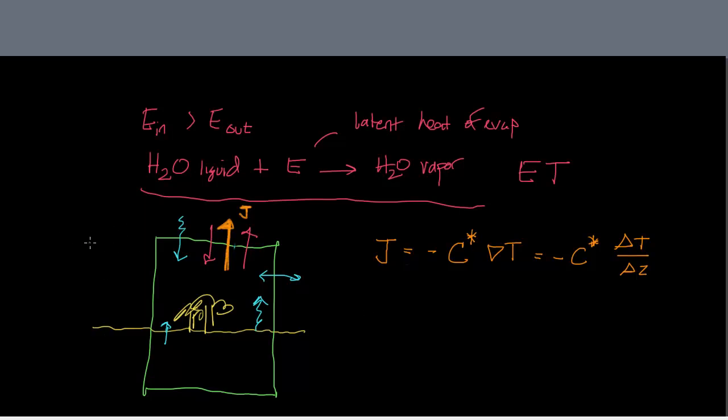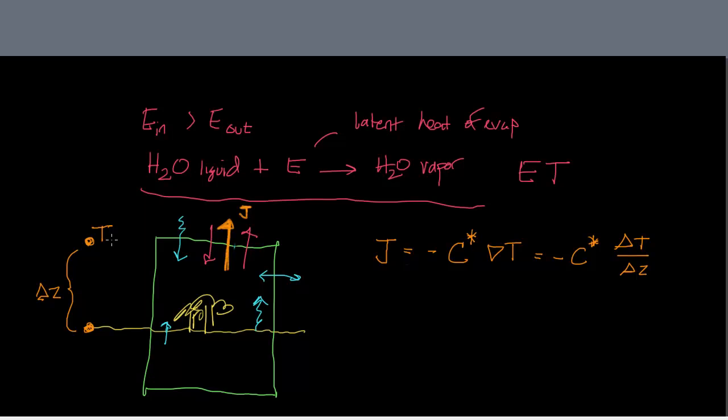And so I might pick a point right here, for example, and a point on the surface. This distance here is the change in elevation, delta Z. And in order to use this equation to calculate the heat flow J, I would need to know the temperature at this elevation here.